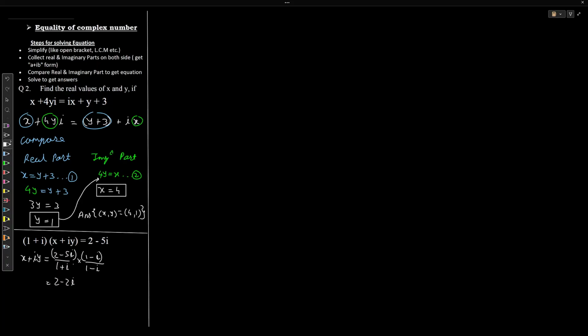Multiply minus 5i, we'll get minus 5i plus 5i square, upon 1 square plus 1 square. Okay. Now, collect the real parts. 2 minus 5 will be minus 3. And minus 2i minus 5i will be minus 7i. And give the denominator of 2 to each.